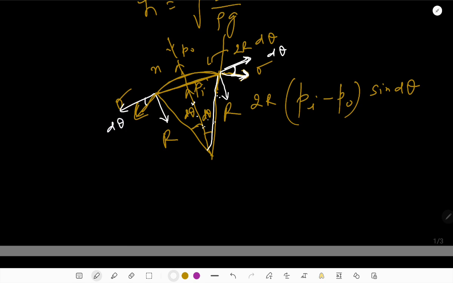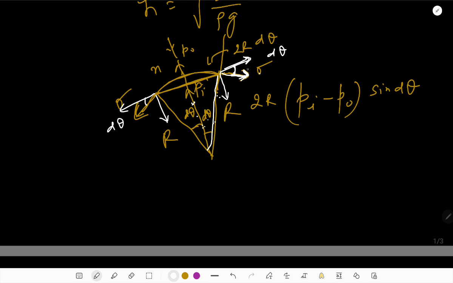So you can see here that the surface tension acting on the two ends of the small section of curved surface gives an inward force, that means in the negative normal direction, and that is going to be S sine d theta.